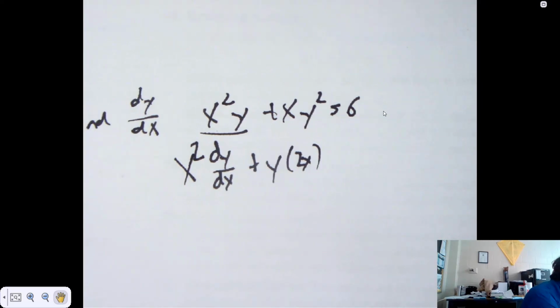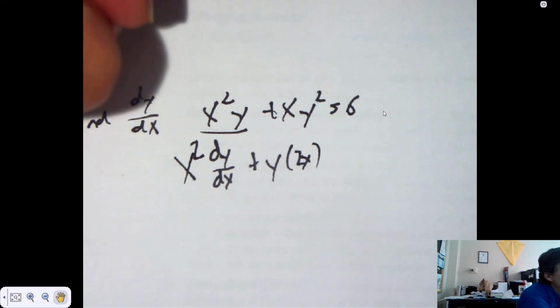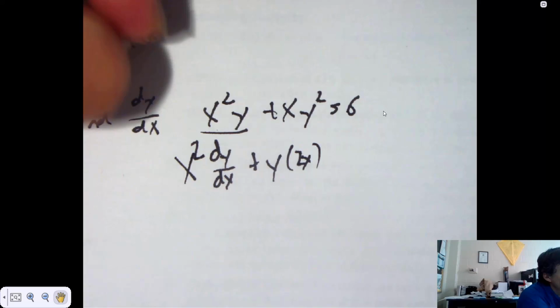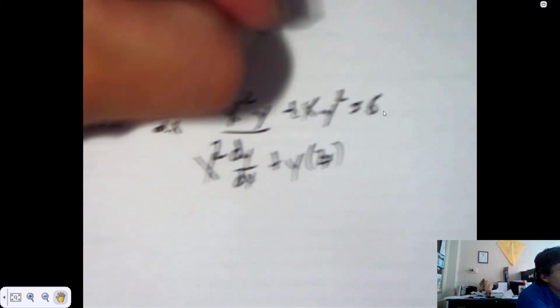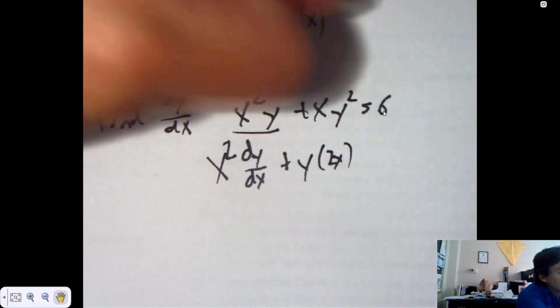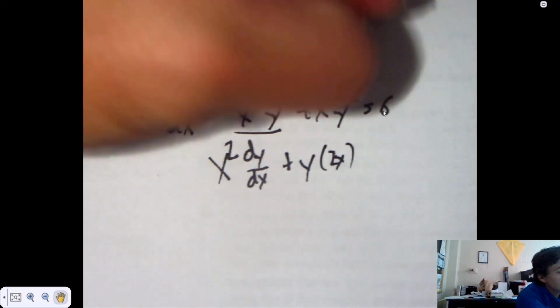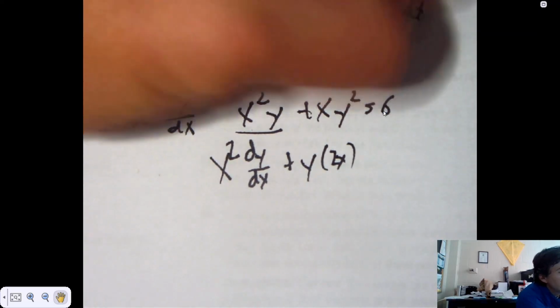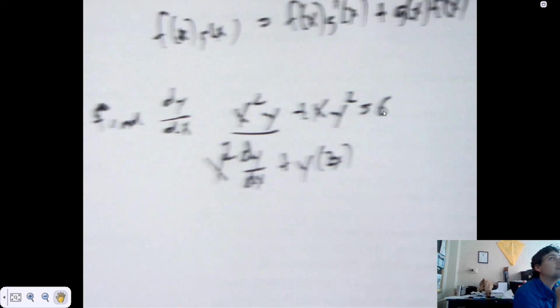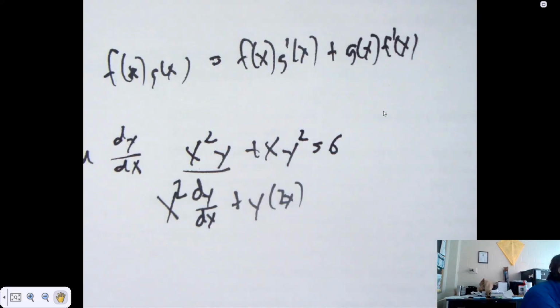You have any questions on that? I know it seems kind of funny, but I'm following that rule of f of x times g of x. It's f of x, g prime of x, plus g of x, f prime of x. So I'm just following the product rule. That handles x squared y.